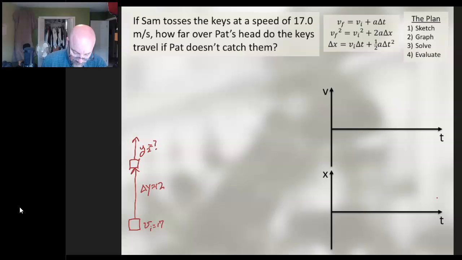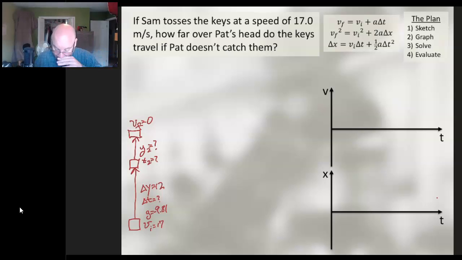We don't know how much further that is. And then right here is where they're going to stop moving. I don't know any of these times, but we do know that the acceleration is g, minus 9.81.